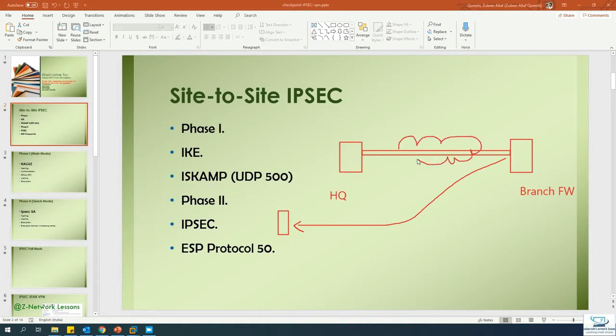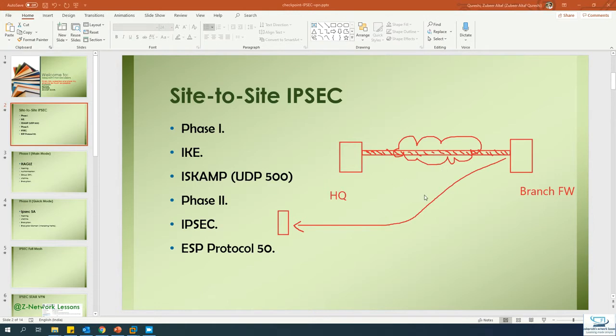So this is your internet, and you build a tunnel literally over the internet, which is encrypted, so that nobody on the internet can peek into the data or the traffic that we have, and sniff or steal some important data that we don't want anybody to have, right?